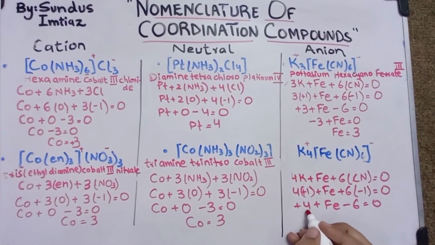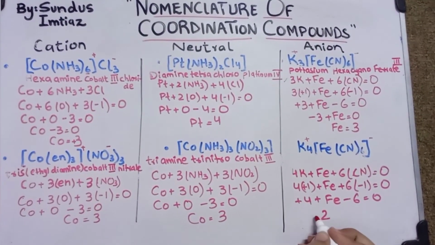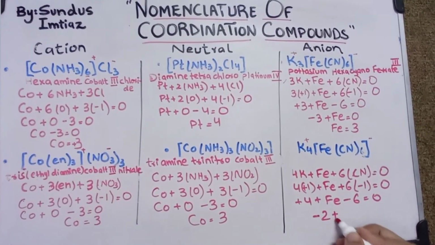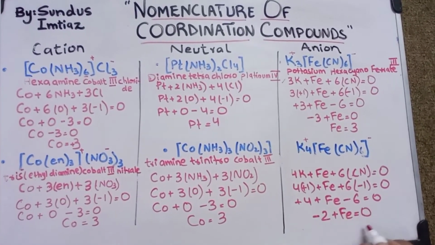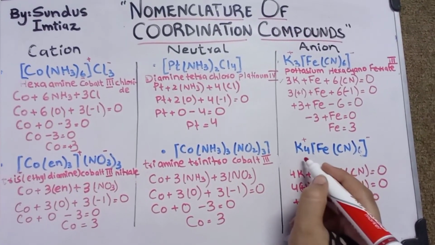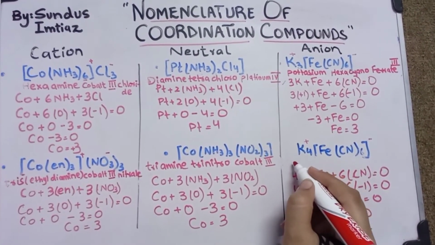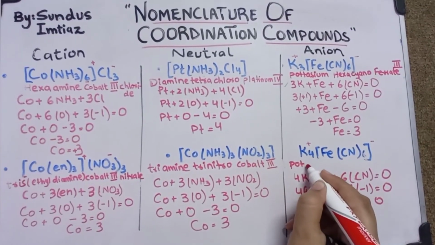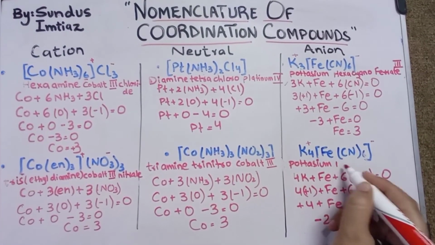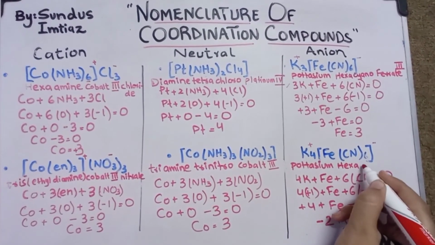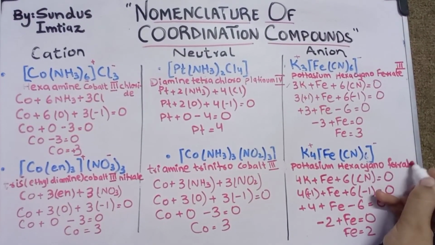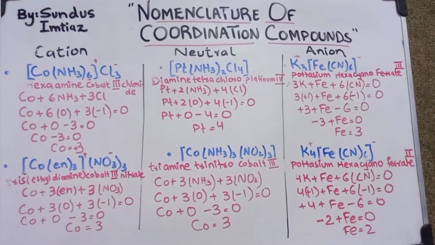Then 6 minus 4 would be 2, with negative charge, because the bigger number has negative charge, plus Fe is equals to 0. Then Fe has 2 charge. Now let's write the names, starting with potassium, hexa, cyano, ferrate, but with the 2 charge.